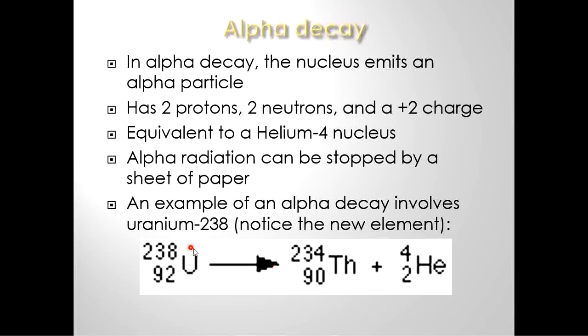And so uranium is not the same uranium anymore, but as it emits that radiation, it now becomes thorium. And this is how we know it went through alpha decay. It is represented by this helium-4 symbol, 4,2 helium.